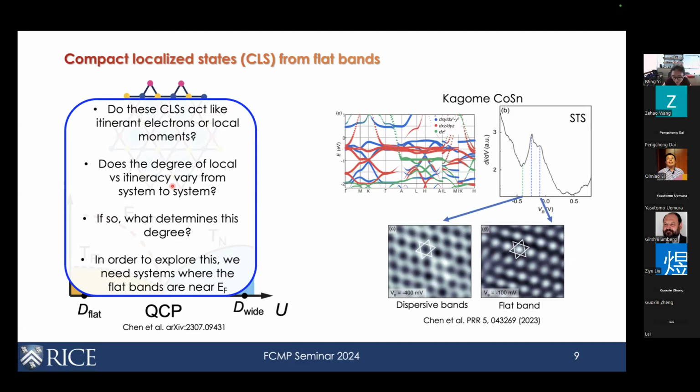That's what I'll tell you about for the rest of the talk, and I'm going to largely show you two projects that we've recently worked on. One is the Kagome magnet iron-tin system, and the second half will be about a chromium-based Kagome system, which we recently worked on together with Pengcheng's group.